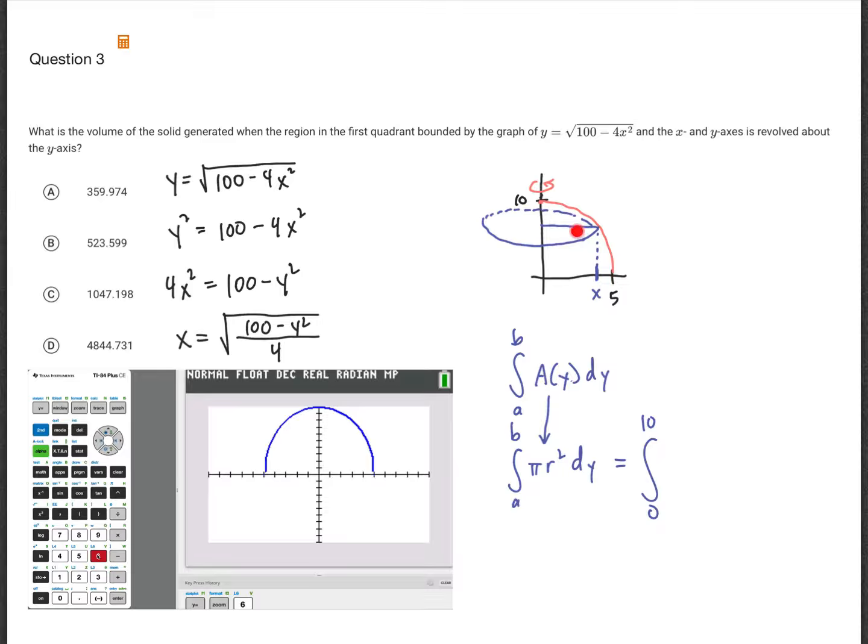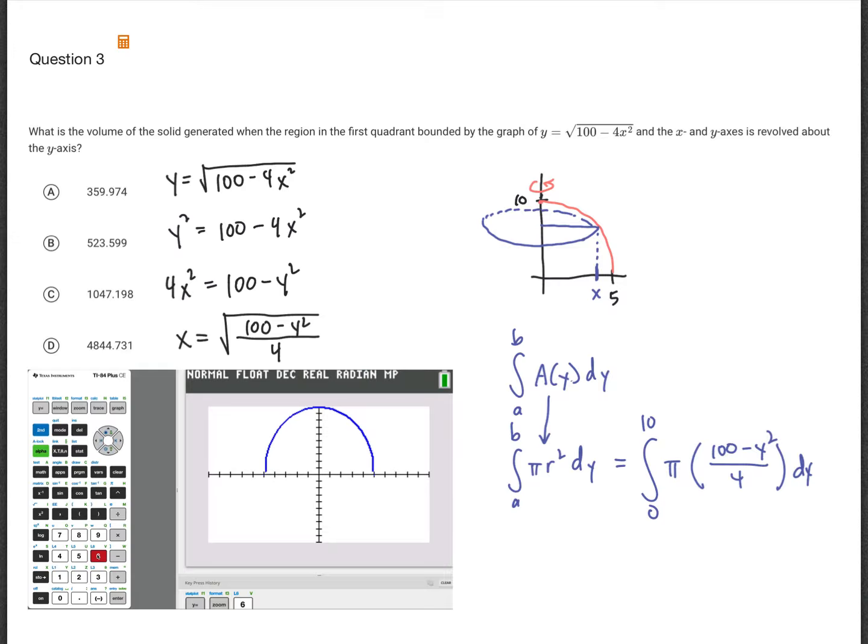Okay, our radius is our function. When we plug in this function and square it, this square root just goes away. So it's really just pi times the inside of this square root. And that's it.